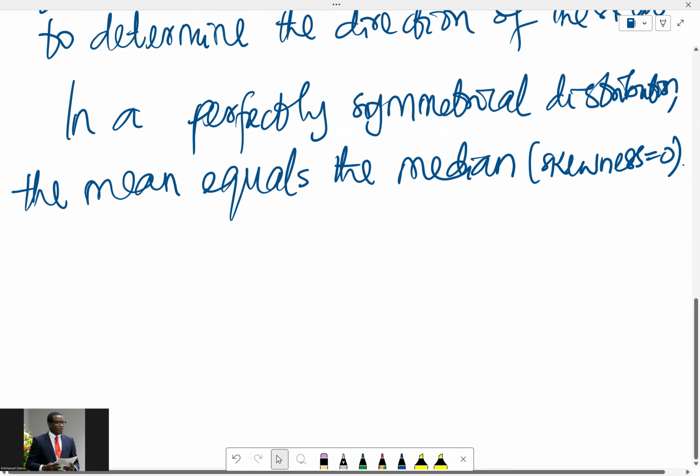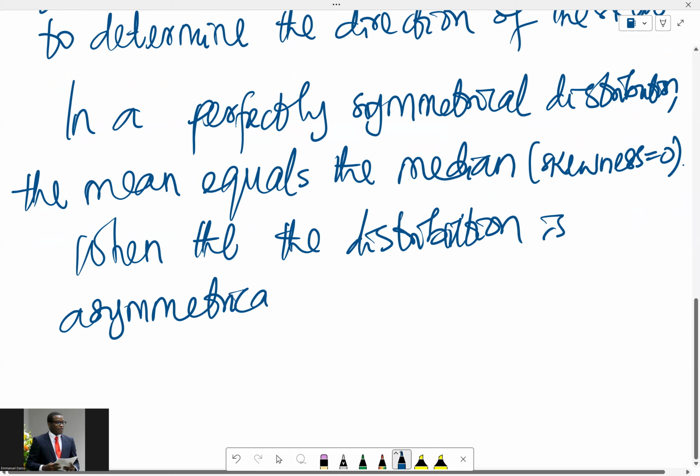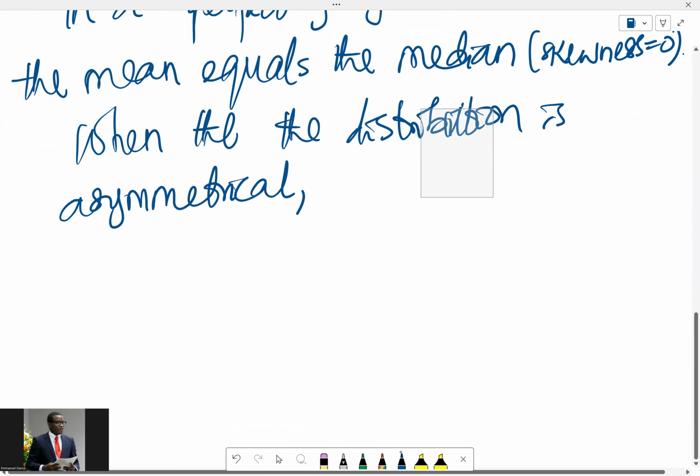Now, there are scenarios when the distribution is asymmetrical. So what happens? We have two scenarios.